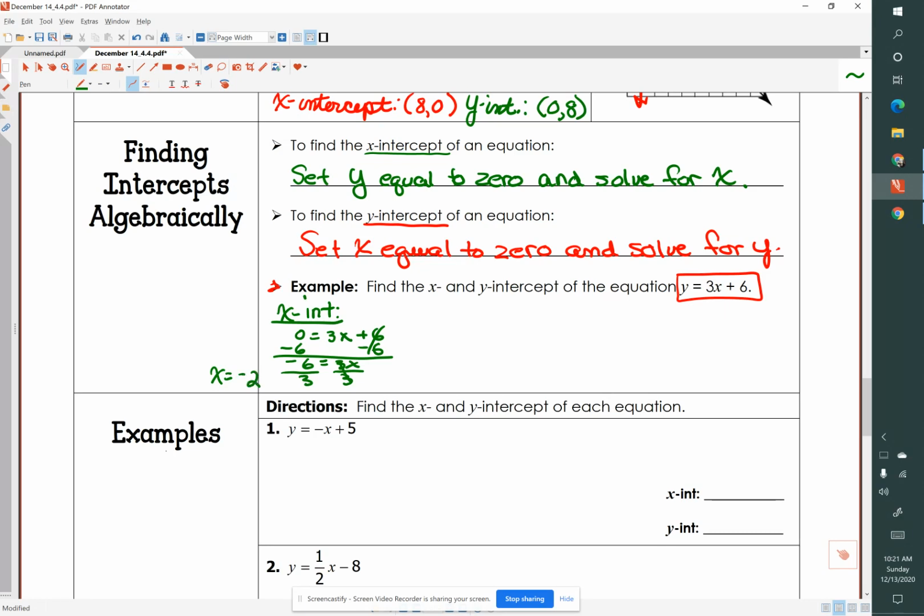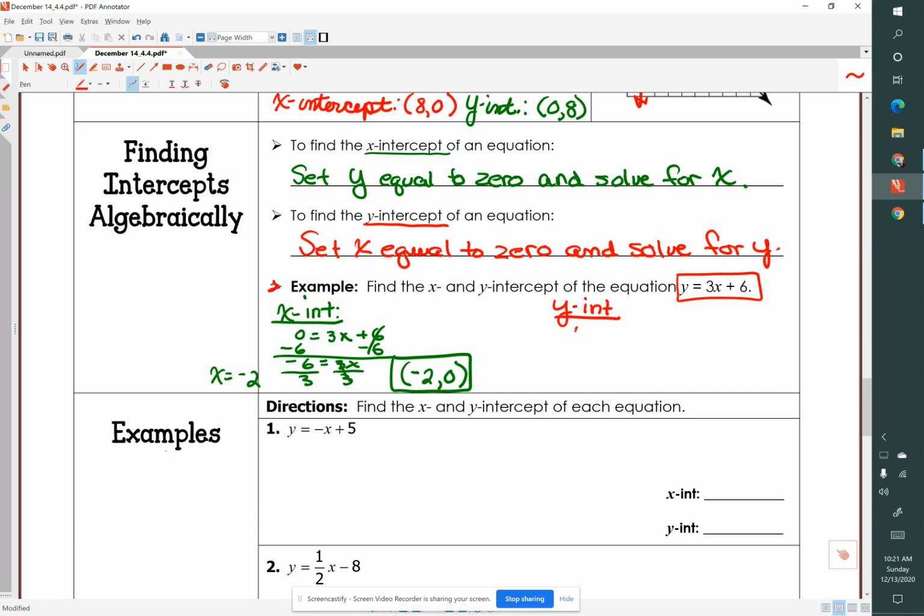Now, what is the x-intercept? Negative 2, 0. And that's the answer for that portion. Now we'll do the y-intercept. Label your work. Now we're going to set x equal to 0 and solve for y.